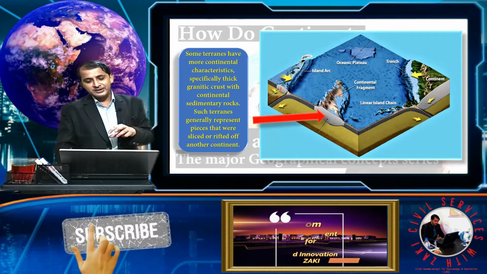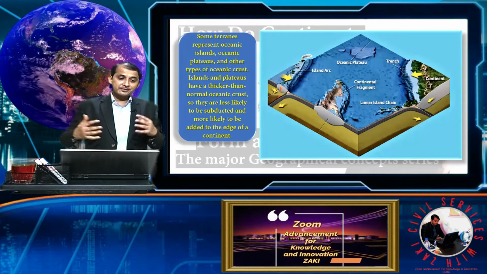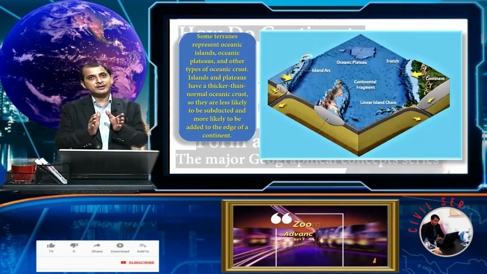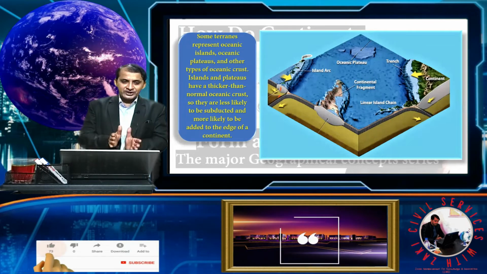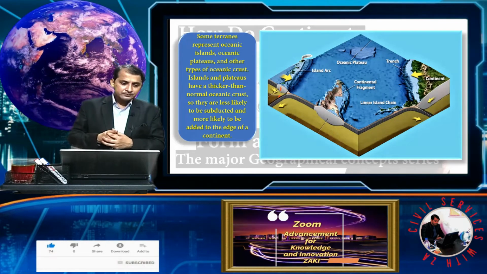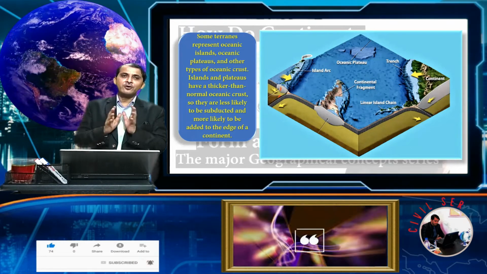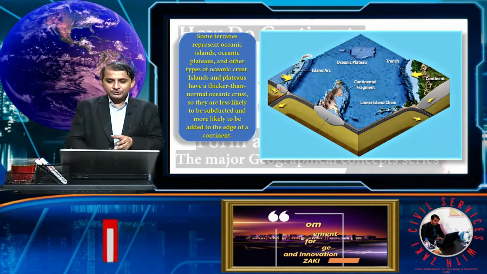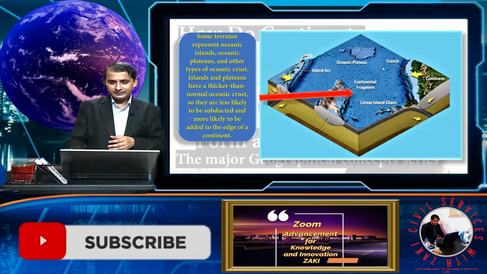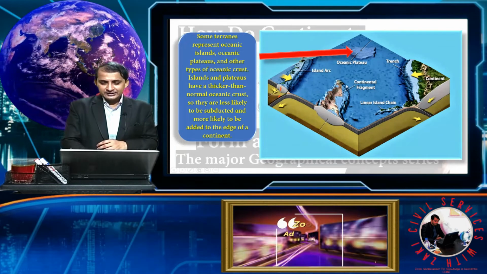Another feature we see is that some terranes represent oceanic islands, oceanic plateaus, and other types of oceanic crust. Islands and plateaus are thicker than the normal oceanic crust. Here, this is an oceanic plateau and this is oceanic crust.